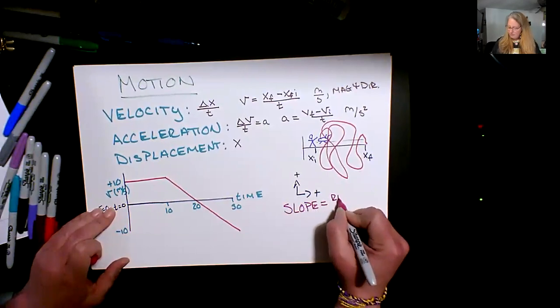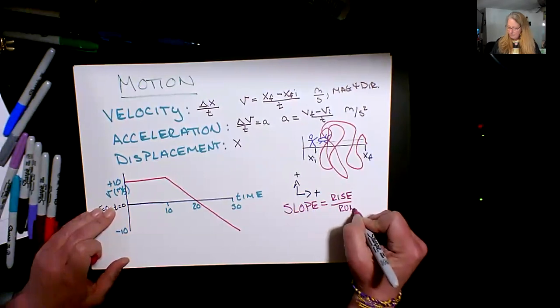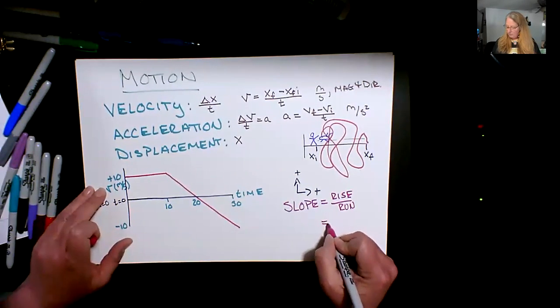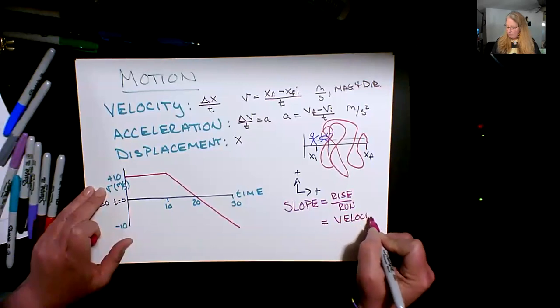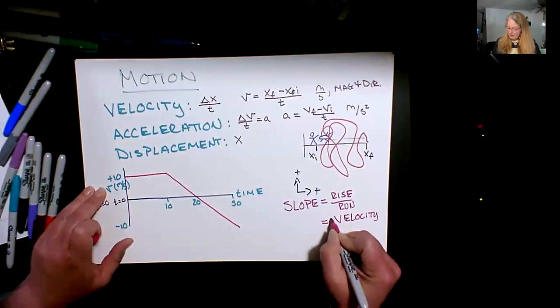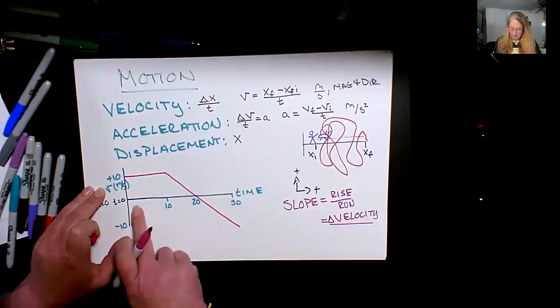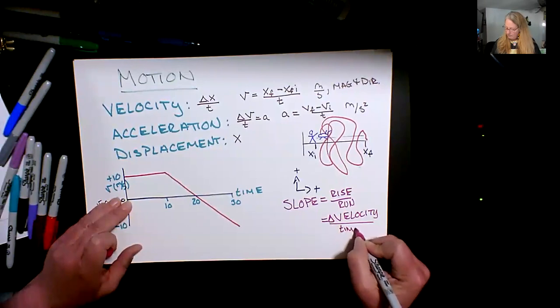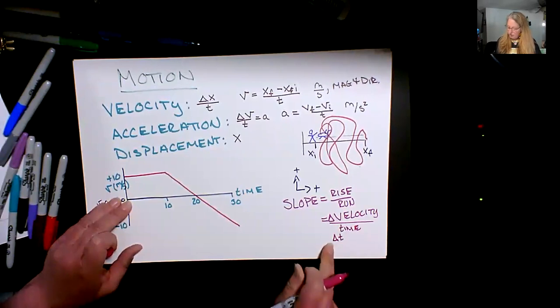Rise over run. So my rise is velocity, more specifically, the change in that velocity. And my run is time. If you want, you'll see it written like this, the change in time.